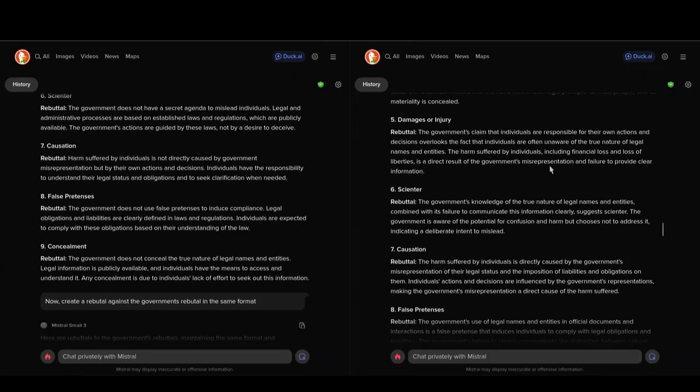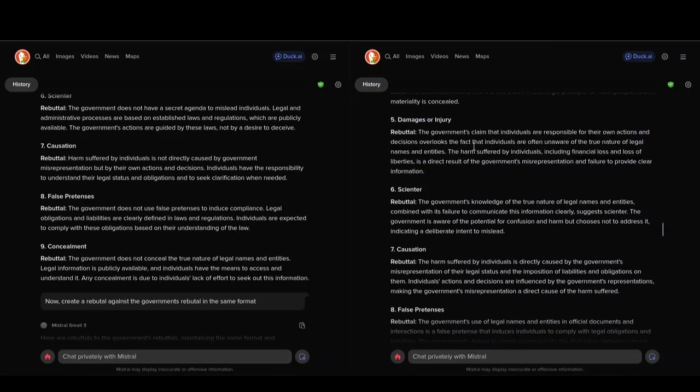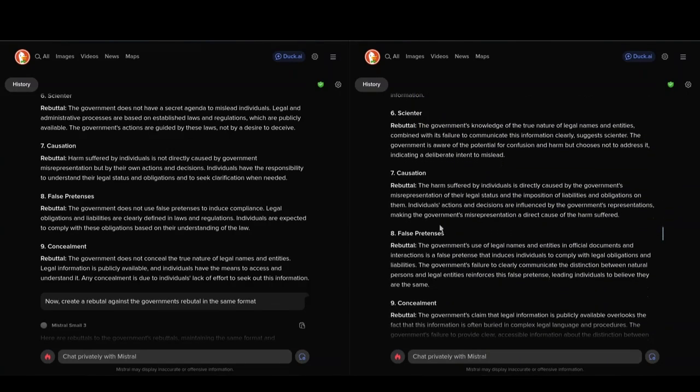The harm suffered by individuals, including financial loss, paying all tax, which is not necessary, speeding fines, parking fines, rates, whatever else, all those fines and taxes and GST, which they don't need to do and shouldn't be doing. That's just the parasites' bidding. The harm suffered, loss, blah, blah, blah, blah. It's all due to a misrepresentation and failure to provide clear information. So all this damage comes from the fraud perpetrated by the government and all its employees and staff.